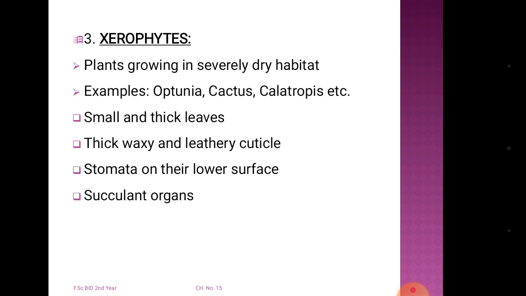Stomata are present, but on the lower surface; these stomata exchange the gases and less water is removed from the stomata. They have special organs known as succulent organs.